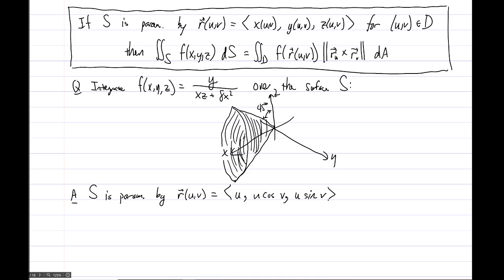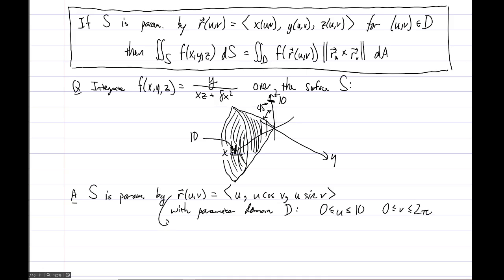Okay, there's a parameterization. Sorry, I forgot to put into the picture where this ends. It's a little messy, but the ending here is at x equals 10. So the parameter domain capital D is described this way: u should be going from 0 to 10, and v should be going from 0 to 2 pi.